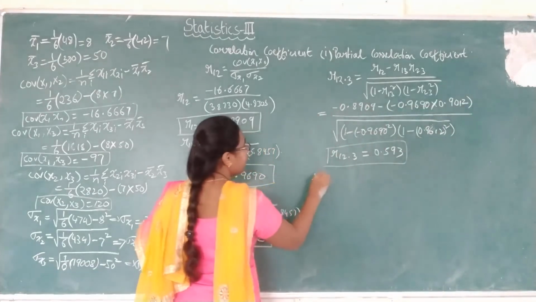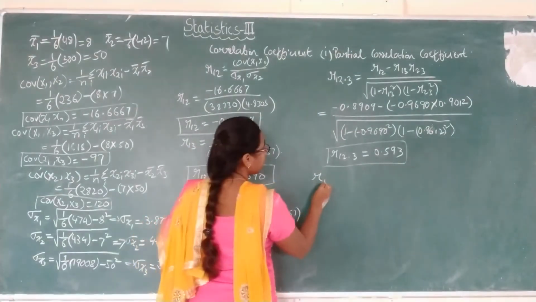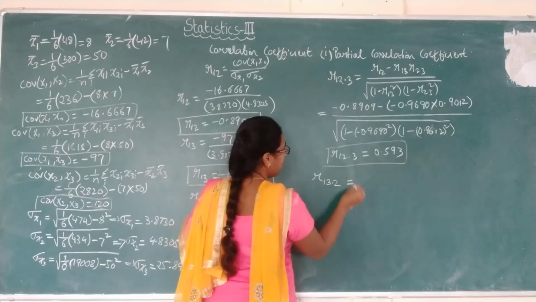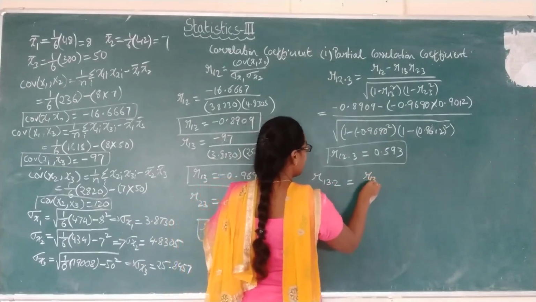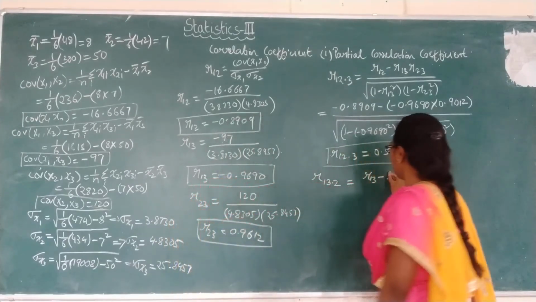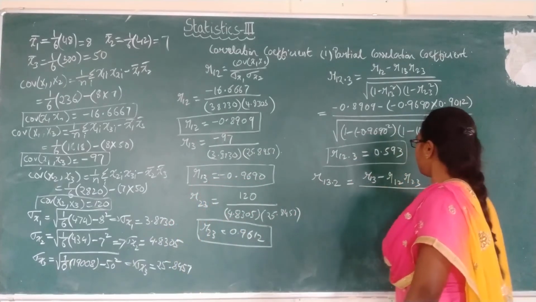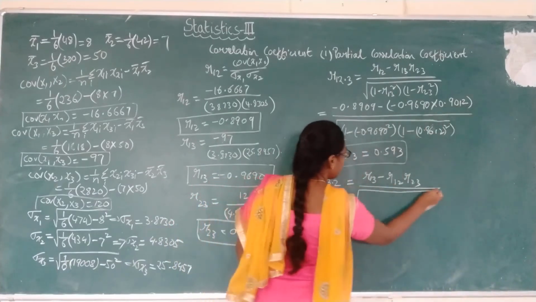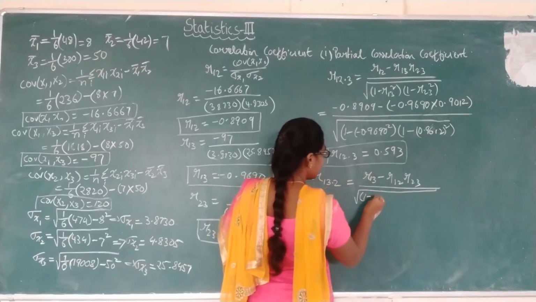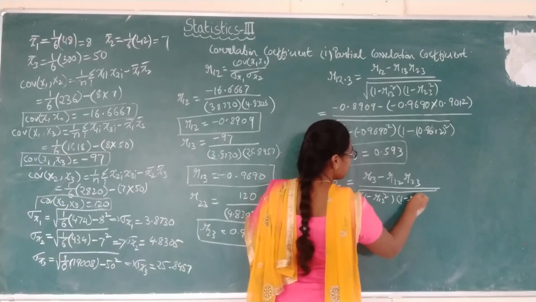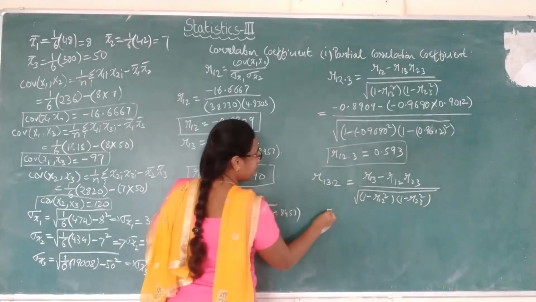Next partial correlation coefficient is R13.2. R13.2 means R13 minus R12 into R23 divided by square root of 1 minus R12 square into 1 minus R23 square. Substitute the values.